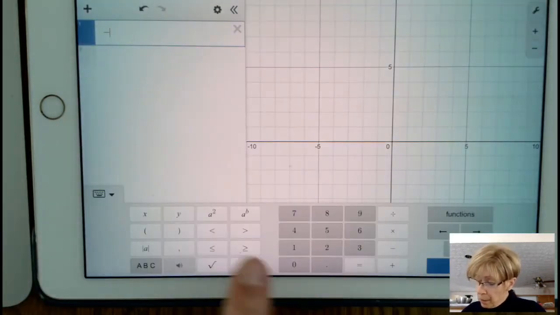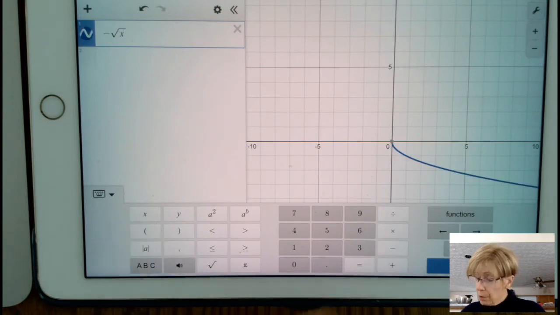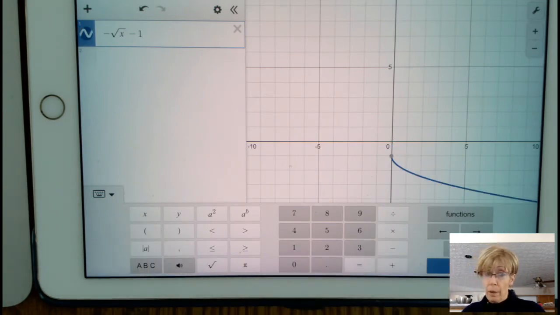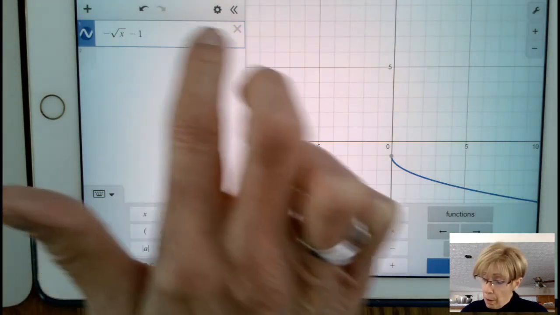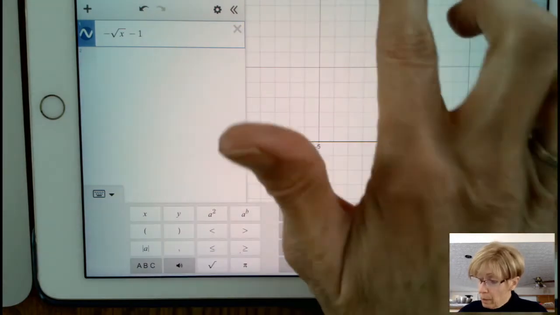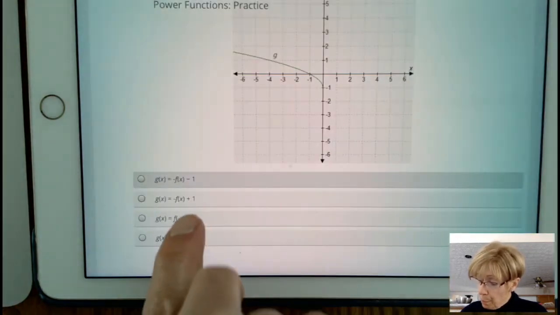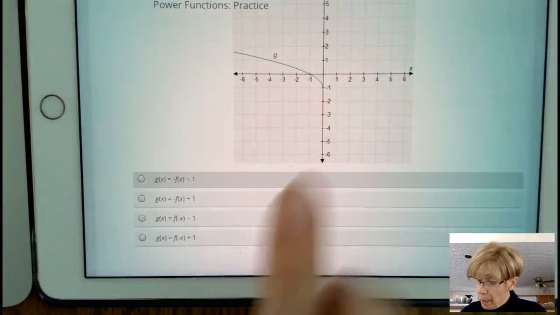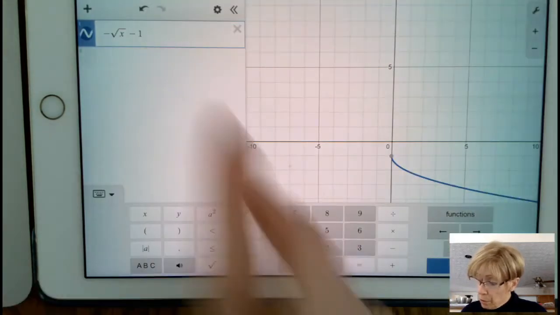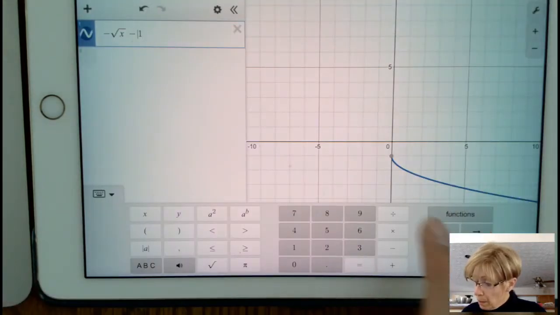Well, that's not the picture that we had. The second one that we had here is plus 1, so we can go back to Desmos and change that to a plus 1, but that moves us up 1, so it's still not what we need.